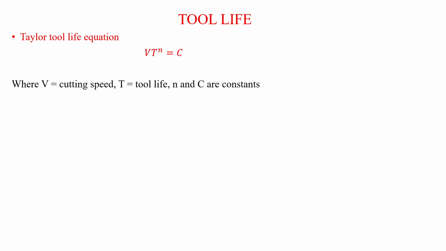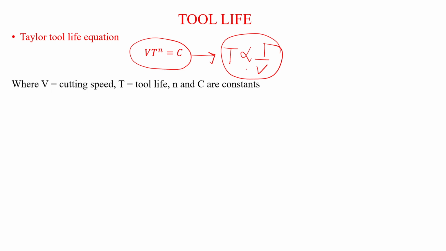So from this equation we can say that tool life is inversely proportional to V, right? This means that if we increase the V, then our tool life will decrease. But increasing V has other good factors also.